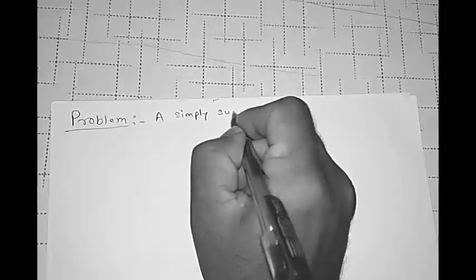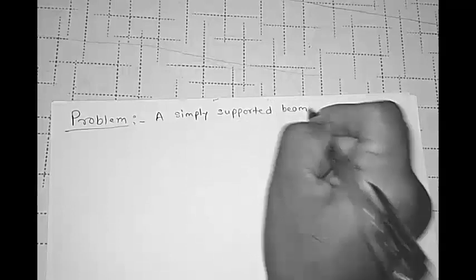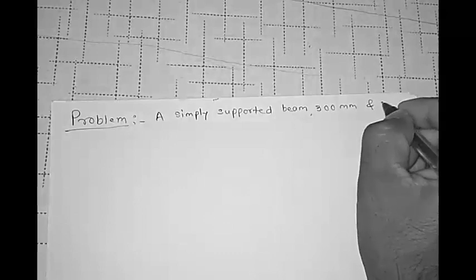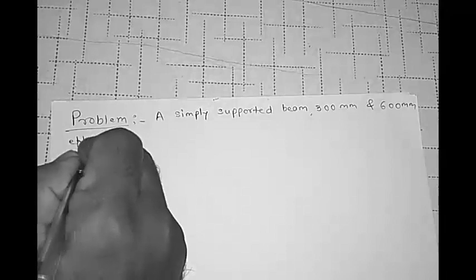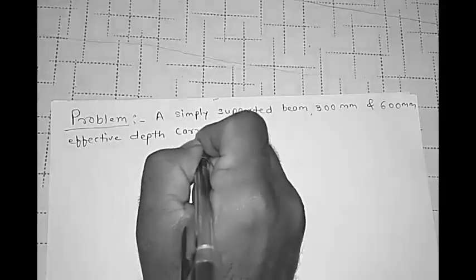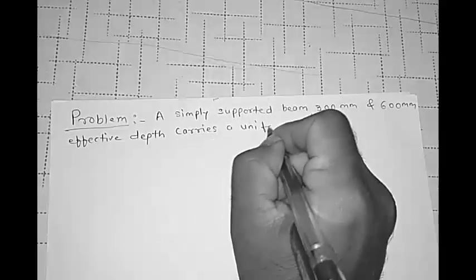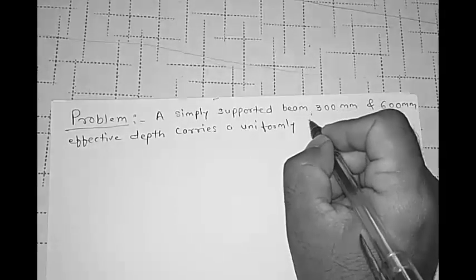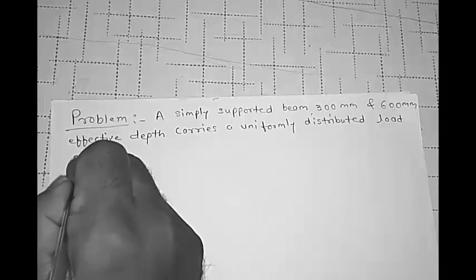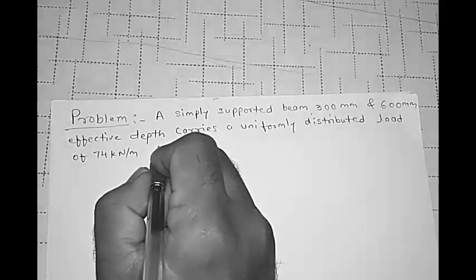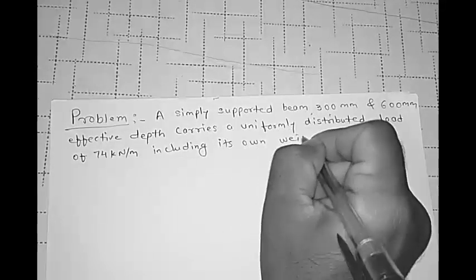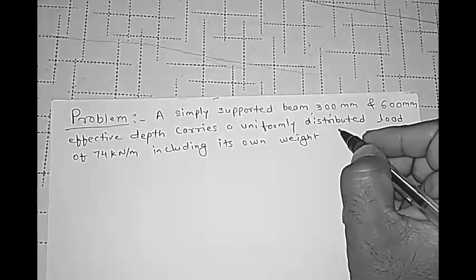A simply supported beam, 300 mm and 600 mm effective depth, carries a uniformly distributed load of 74 kilonewton per meter, including its own weight, over an effective span of 6 meters.